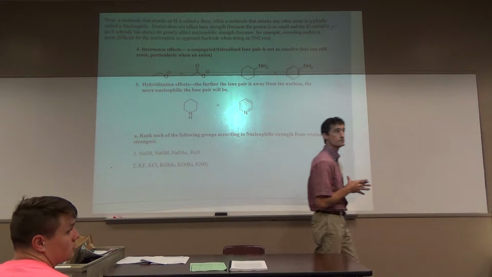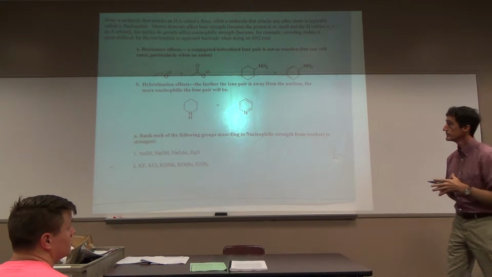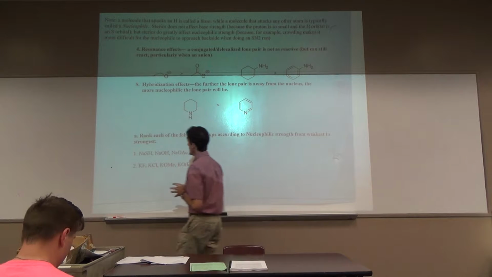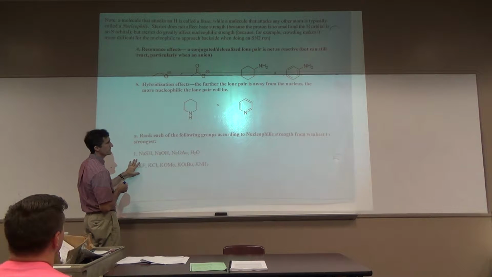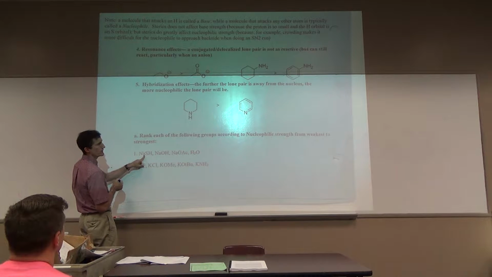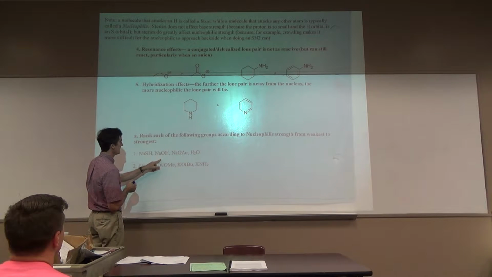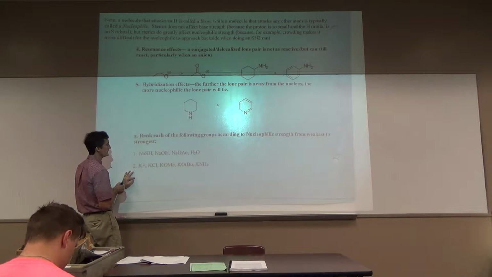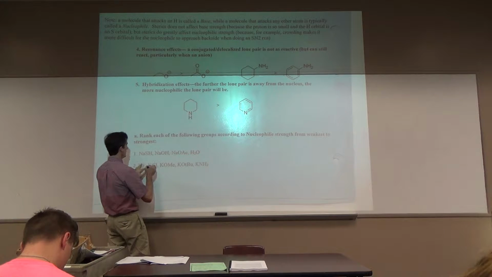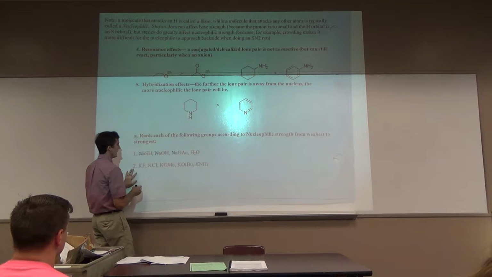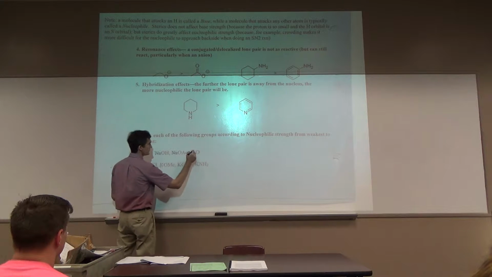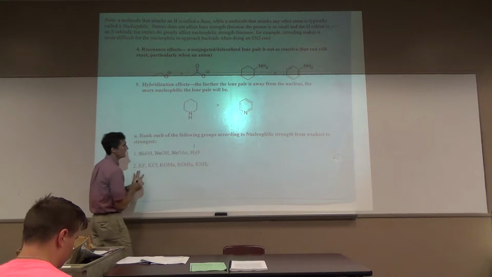I was gonna say NaSH. Again, I would want to make this one the strongest. These are all anions, right? Get rid of the spectators. S minus, O minus, and neutral, that's got to be the weakest, one.